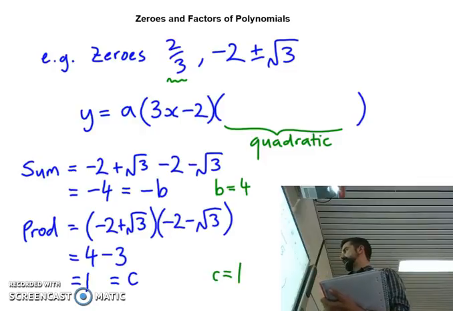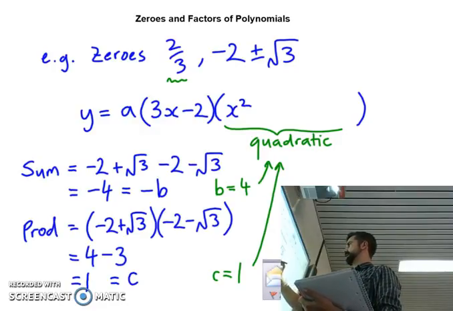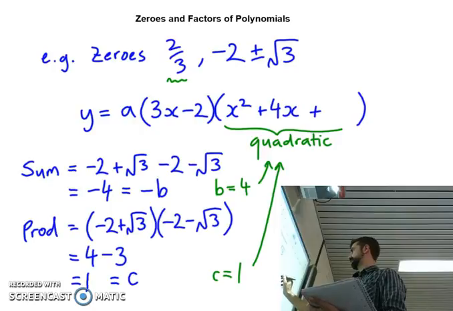So if we go back to our quadratic now, we know that it's going to look like x squared plus 4x plus 1.